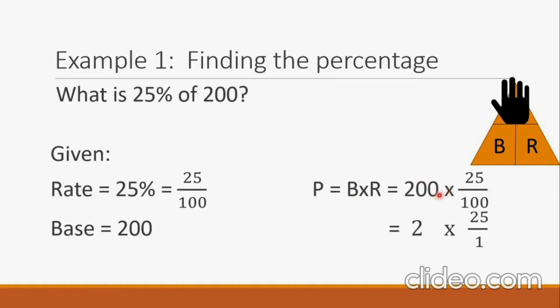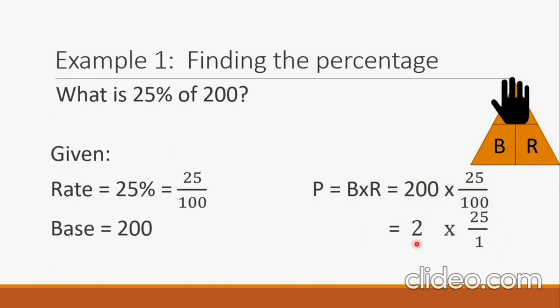For most cases, the base is multiplied to the numerator, and then the result will be divided by this 100. But since in here, it is easier if we cancel the 200 and the 100. So if we cancel that, the 200 becomes 2, the 100 becomes 1.